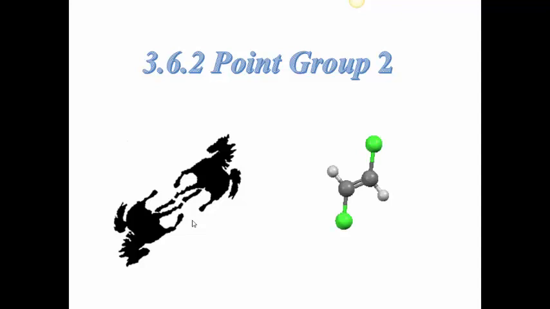Here's an example of a molecule. We have 2 chlorine atoms, 2 carbons, and 2 hydrogens, and the twofold is right here, taking this particular chlorine into the other chlorine here, etc.